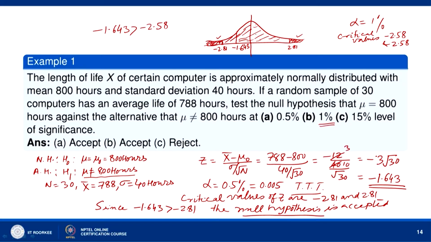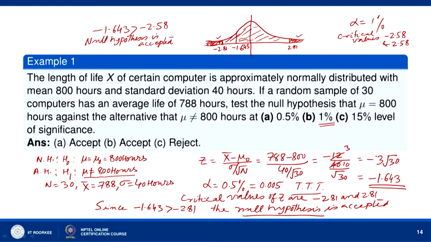So again the null hypothesis is accepted.